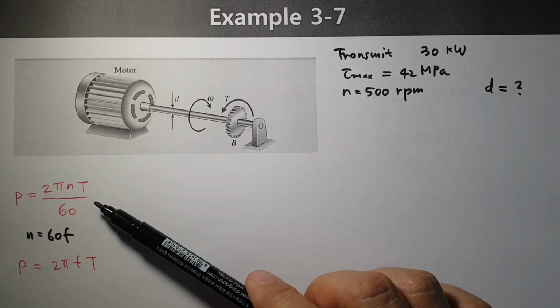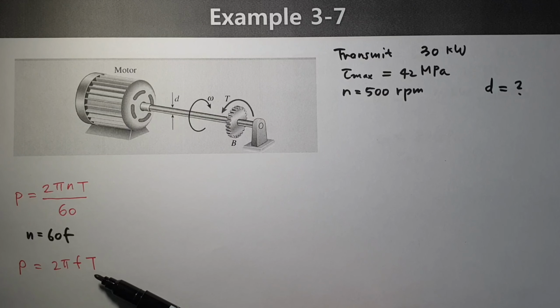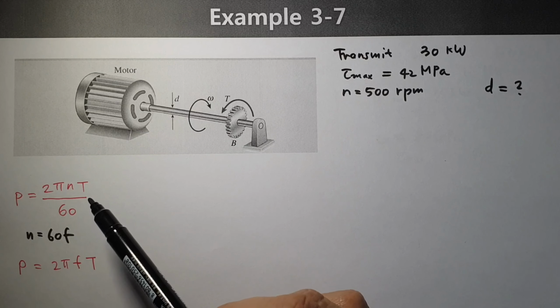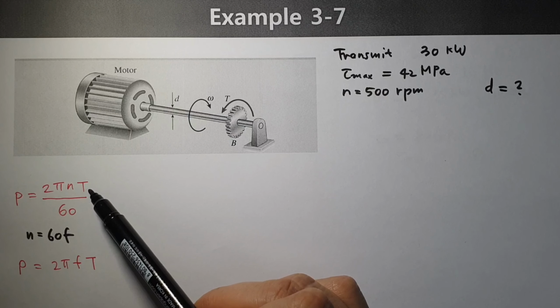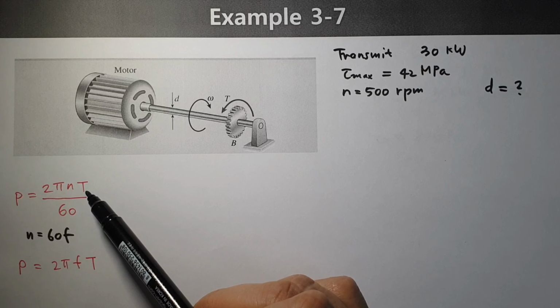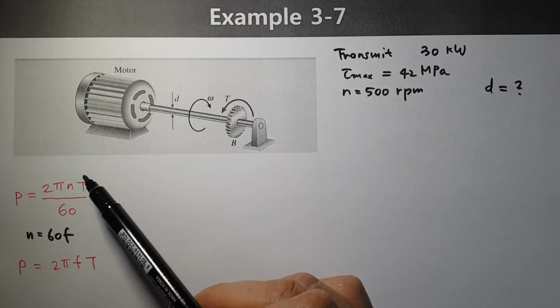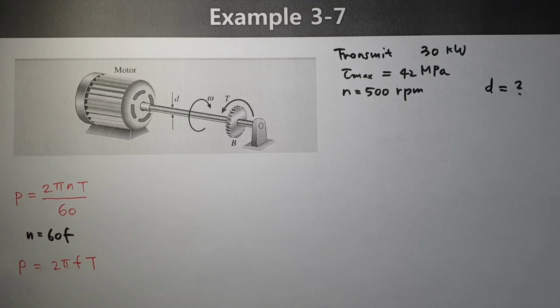Or this formula can be written as 2 phi ft. Okay, here we would like to apply this formula first because we would like to know torque. If we can calculate torque, then based on torque, we can calculate some relationship with diameter.